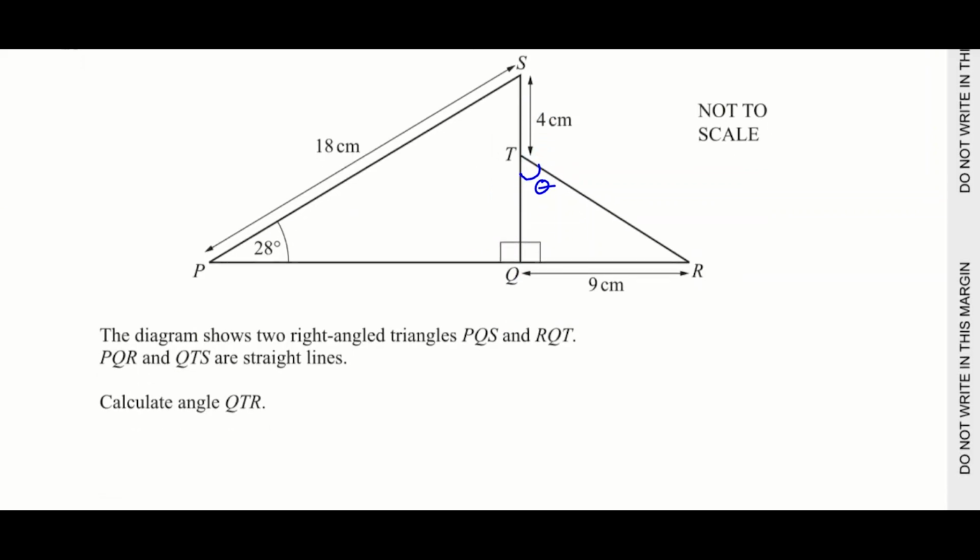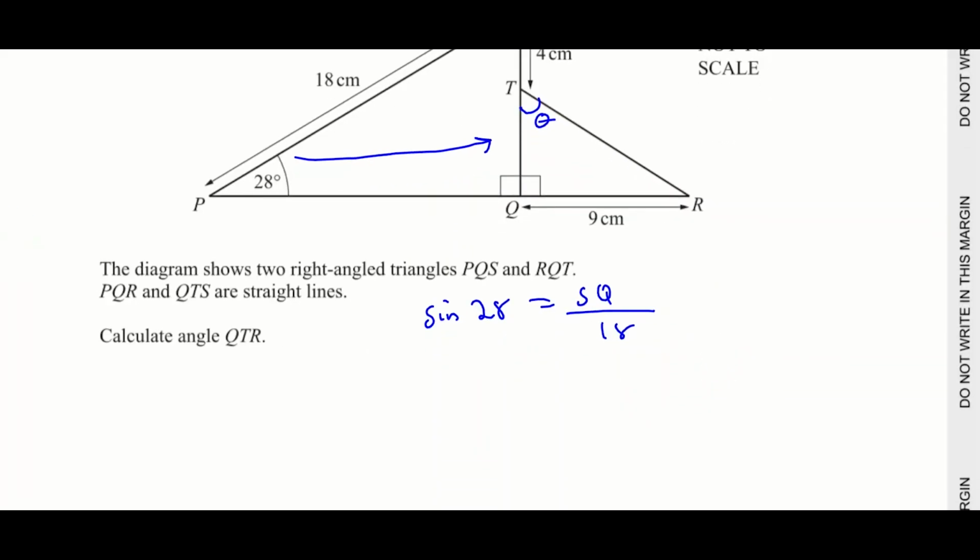I'm using this angle now, so this will be opposite. So that means sine 28 degrees equals opposite, that is SQ, over the hypotenuse SP, that is 18. Which implies that, I can just scroll down and continue from there.